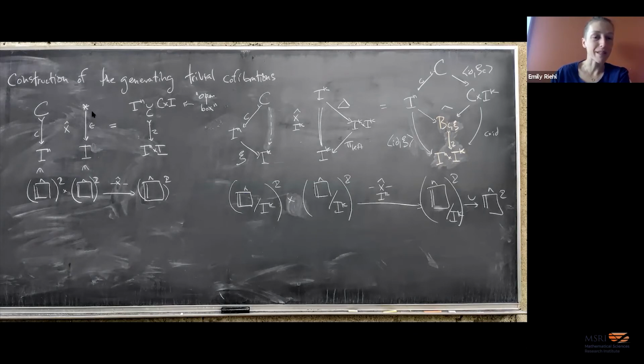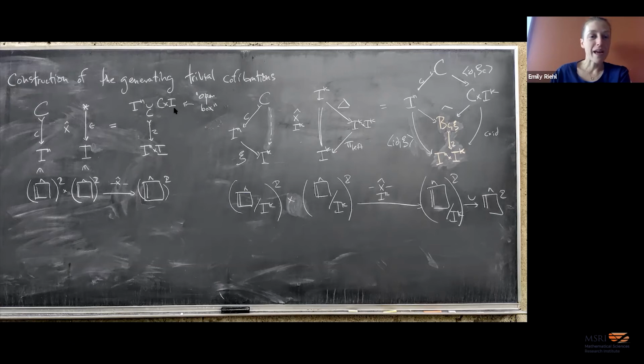We'll have both possibilities. And then there's this thing called the push-out product construction. The push-out product is a functor that takes a map of cubical sets and another map of cubical sets and returns a map of cubical sets. If you apply that construction to this thing and this thing, here's what you get. In the codomain, you're just going to take the product of these two objects, so this will be the n+1 cube.